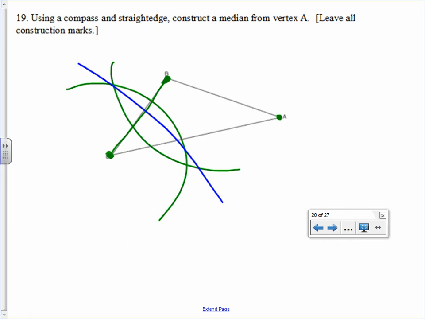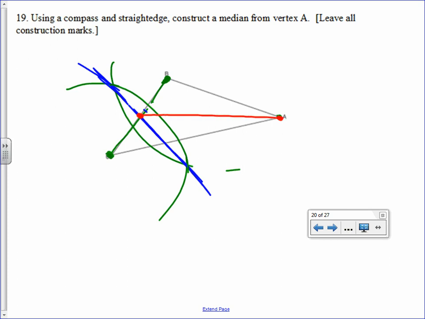So again, I just drew a perpendicular bisector. That was really bad. I just drew my perpendicular bisector for segment BC.